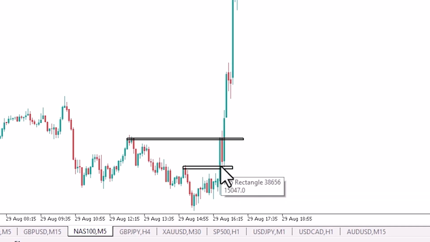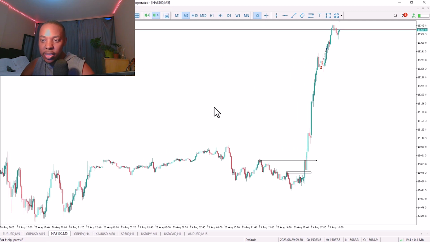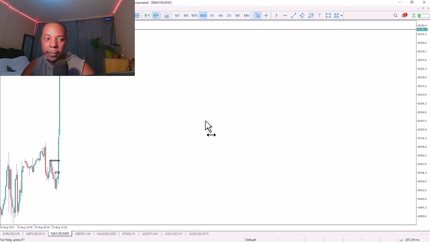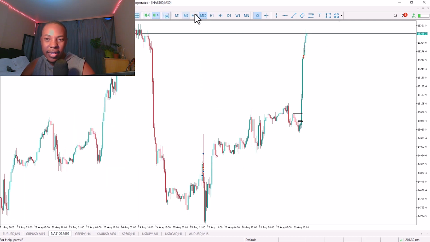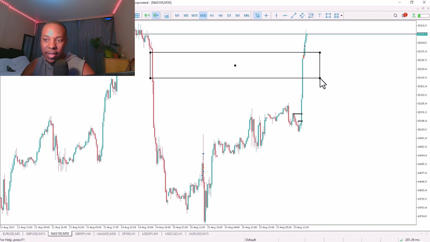It just reversed right here and then started shooting up. I just let it do its thing, and then when we got here, this is actually a CB. So the reason why I took that sell was because of this.